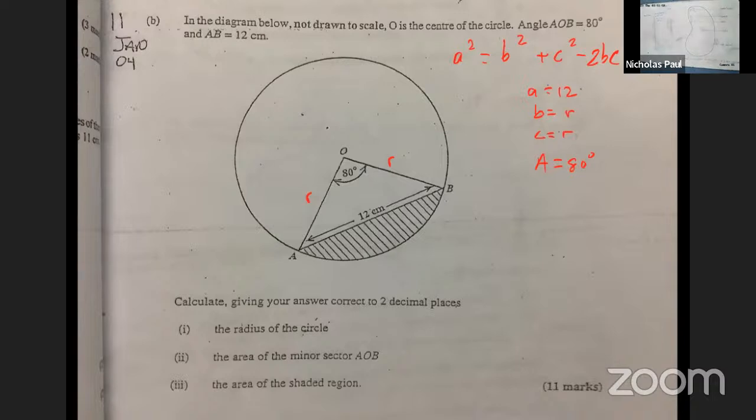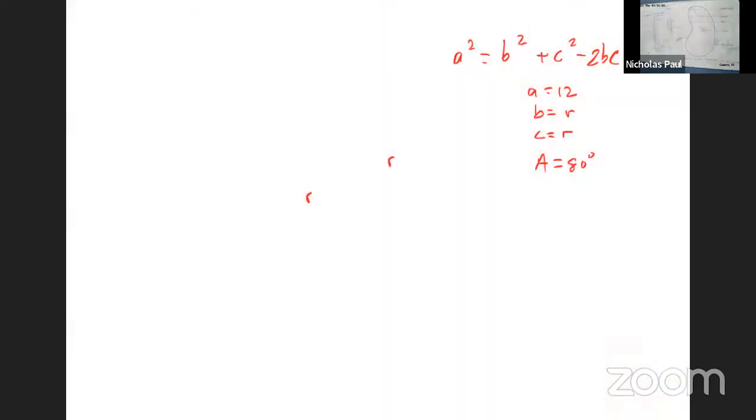I'll do it right here. Right, so watch here. You can watch here, please. Yes. So it's 12 squared. That's a squared, right? Is equal to R squared plus R squared minus 2 R by R cosine 80. R by R is R squared, right?